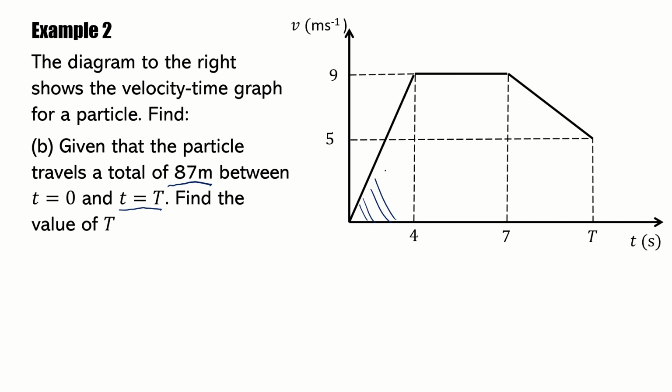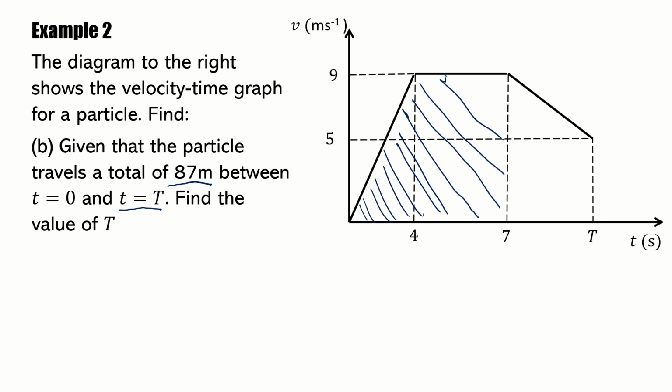So we could start by finding the distance on the graph that's easy to work out, which is the area of this trapezium that I'm colouring in here. Although you could work that out, as I said, using a rectangle and a triangle, it's quicker if you do it using the area of trapezium formula.